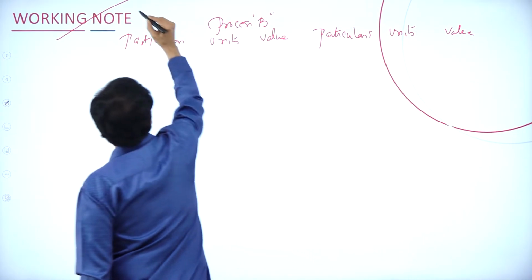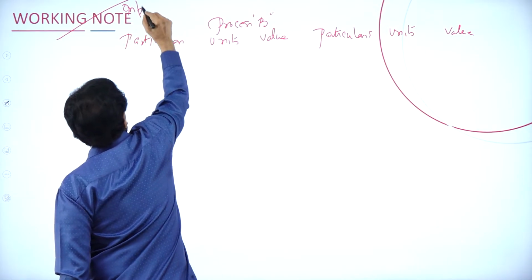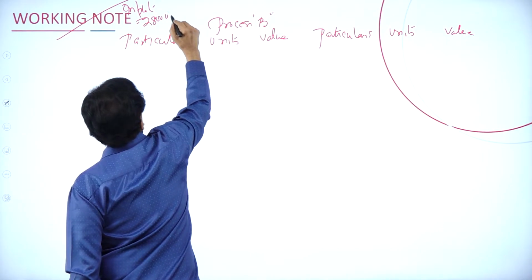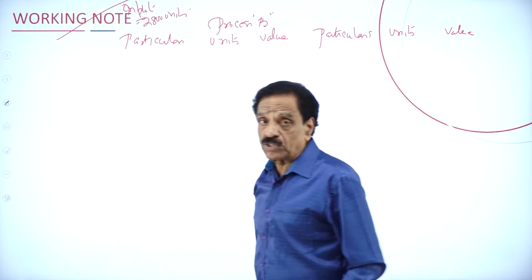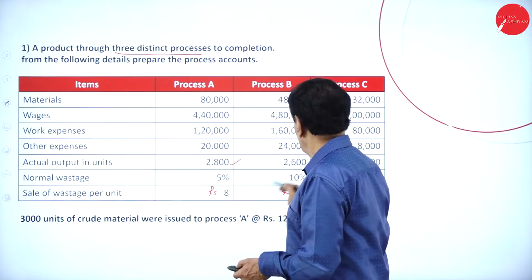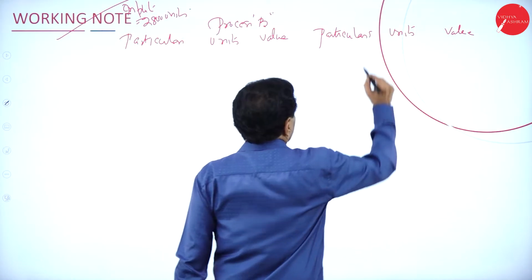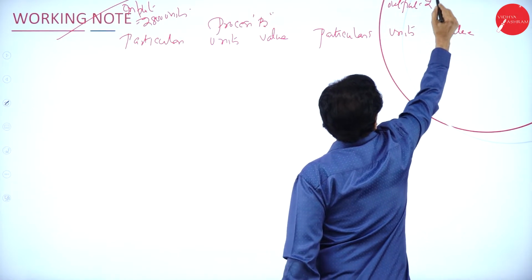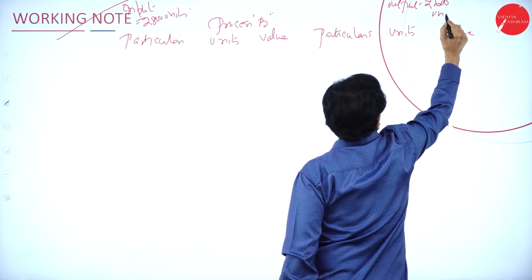Here, input 2,800 units. This is the output of process A, which becomes the input here. You see that what's your output here? 2,600 output. 2,600 units.